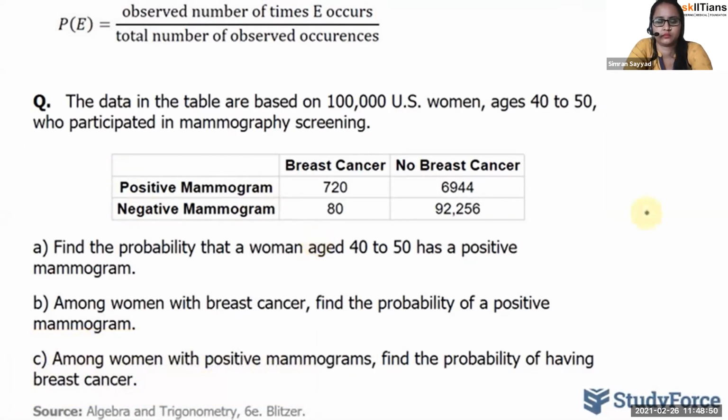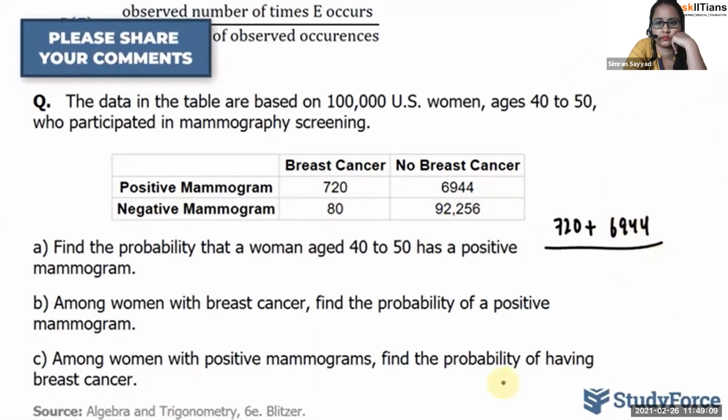As you can see from the chart, we have 720 that were positive and had breast cancer, and 6,944 that also were positive but had no breast cancer. So we'll add these two numbers up and divide by 100,000, the total number of observations.